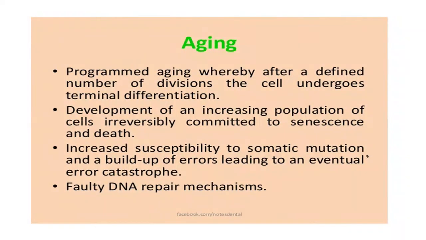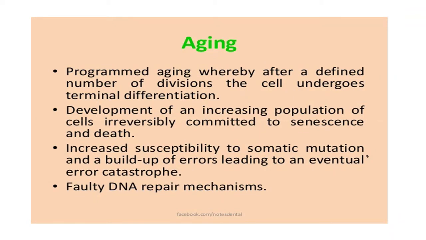Increased susceptibility to somatic mutation and a build-up of errors leading to an eventual error catastrophe. As we said, it is the responsibility of the DNA to code all cells so that they can have a proper function. So if an individual is aging, you are susceptible to somatic mutation, and the chance of the cells being manipulated is very high. Faulty DNA repair mechanism.